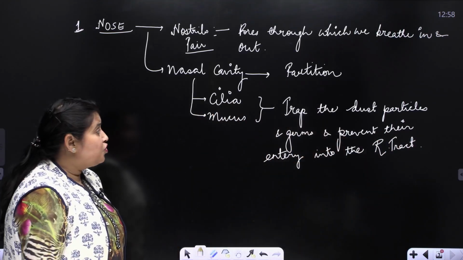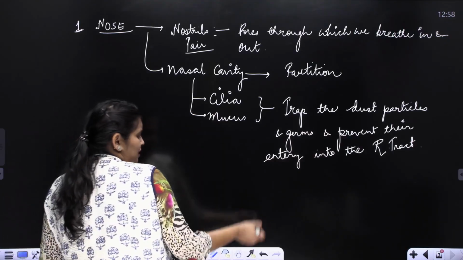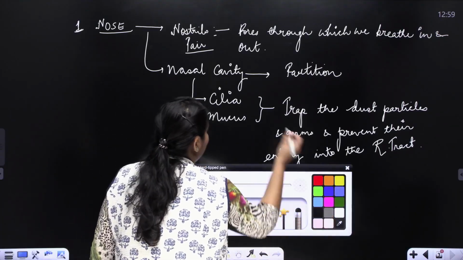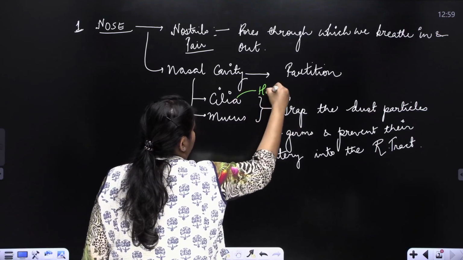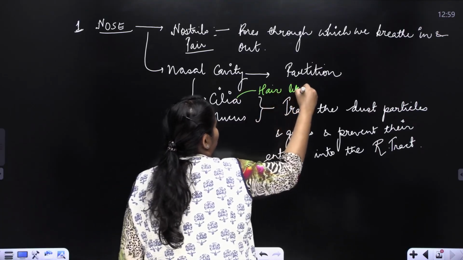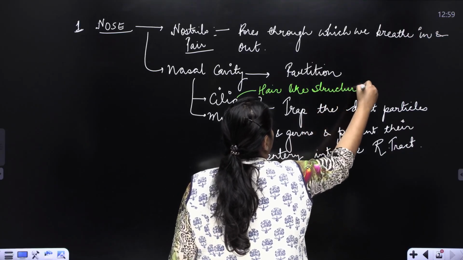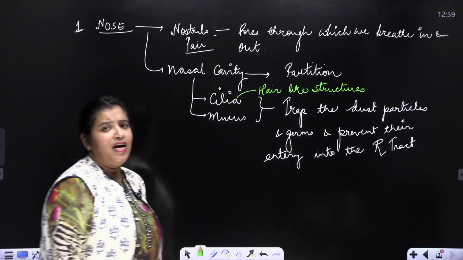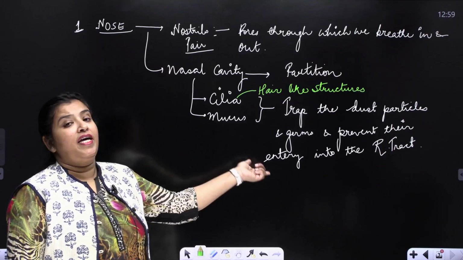All right. So, this is the role of cilia and mucus. What is cilia? Cilia are hair-like structures. And mucus? Mucus is the sticky substance. Both of these collectively help in filtering the air.